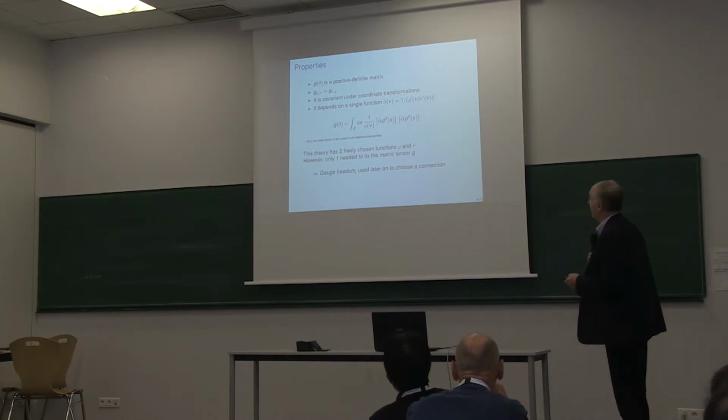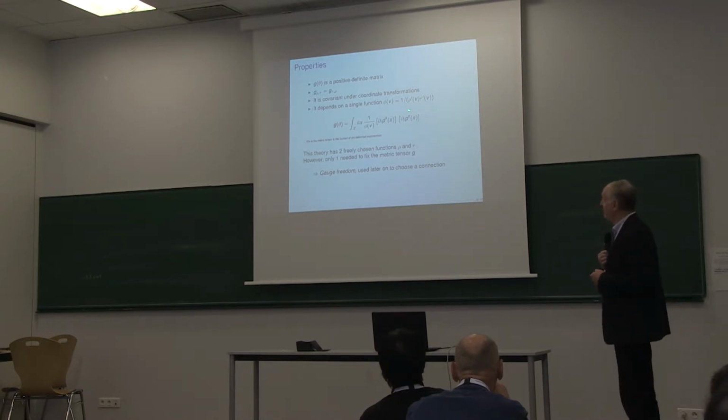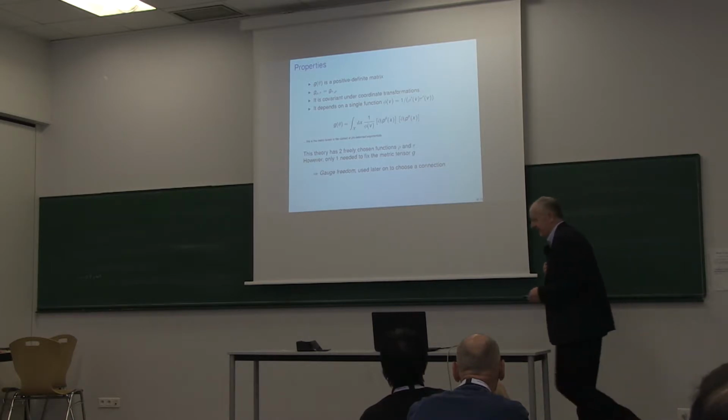You can see, of course, the essential properties: covariance, invariance under exchange of rho and tau, and positive definite. It depends on a single function phi, which is 1 over rho prime tau prime, which is the basis of what we call the gauge freedom. We can now keep this function constant and change either rho or tau or both, but keeping the function constant so that the metric tensor does not modify.